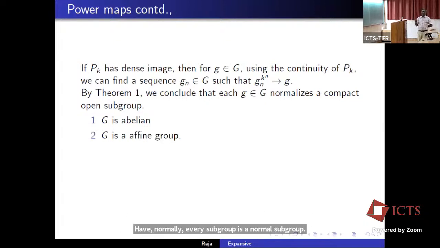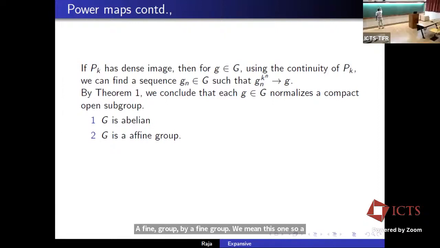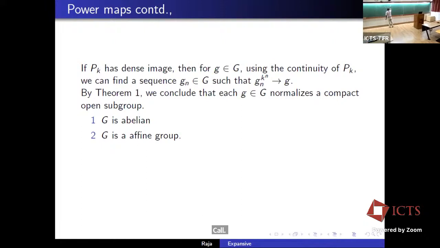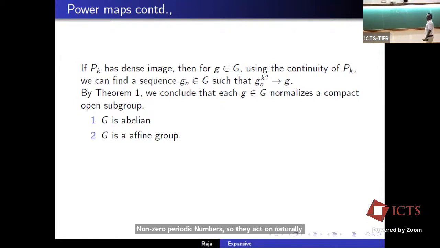So we next look at the affine group. What is an affine group? A simple example is over Q_p, or any local field. Take all non-zero p-adic numbers; they act naturally on the p-adic vector space, the one-dimensional p-adic space. This is a very simple affine group.